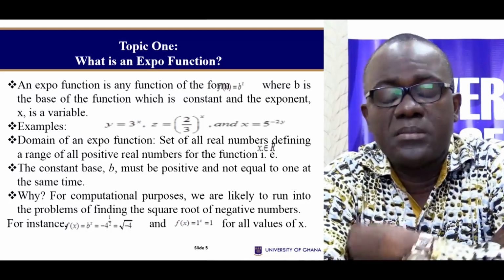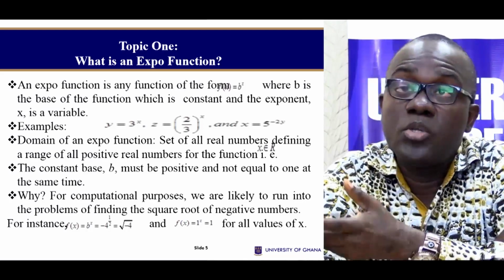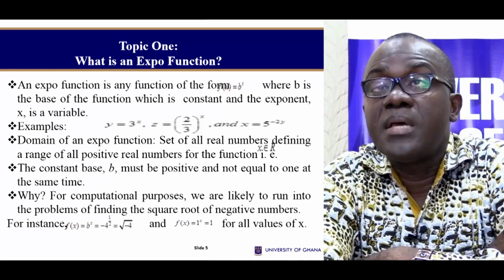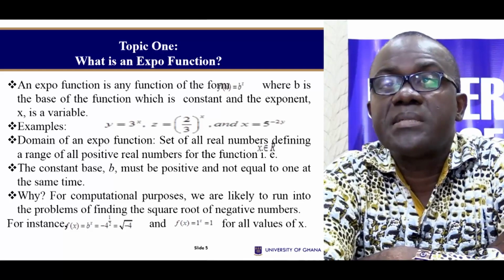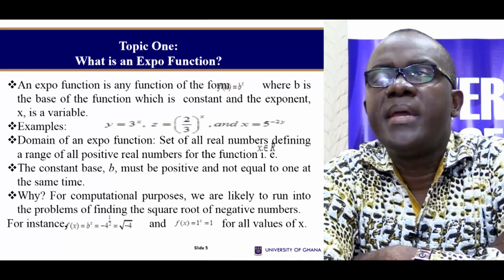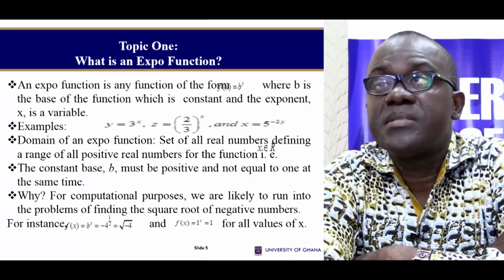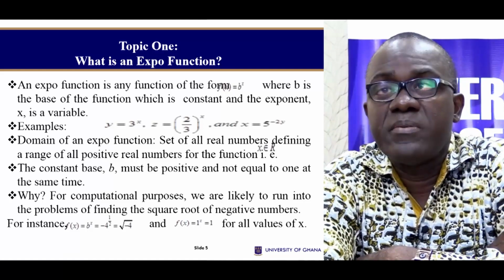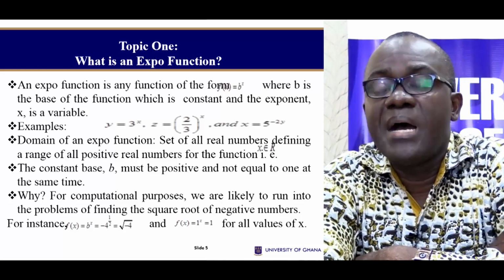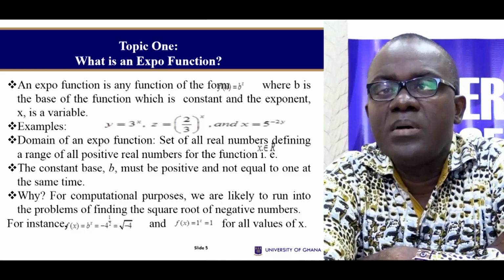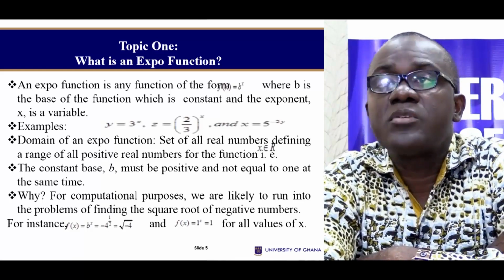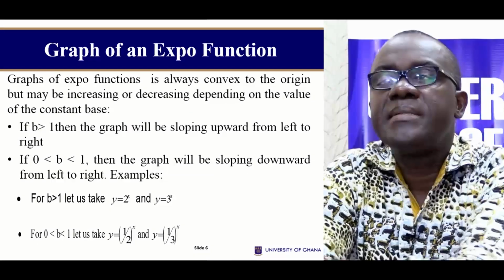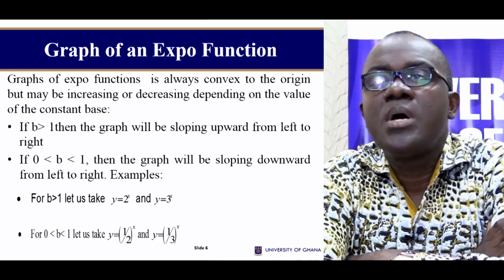It pays, when you discuss any function, to talk about the domain and the range of the function. And if we look at all exponential functions, what we see here is that the domain of an exponential function is the set of all real numbers, right, defined over the range that we have over there. Now, if you go further, I've given you some examples of exponential functions which you can take your time and go through.